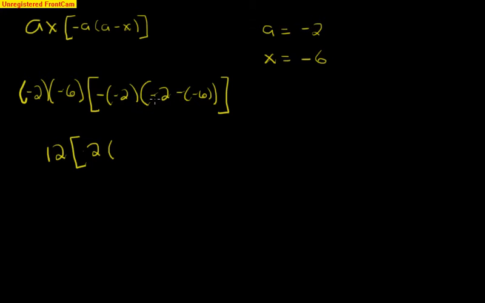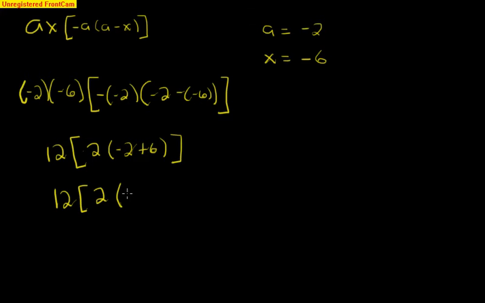And then we're going to be multiplying that times negative 2 minus the opposite of 6, which is the same as plus 6. And again, you'd be tempted to just do that right away because it seems simple, but I'm going to rewrite just to make sure I don't make a careless mistake.